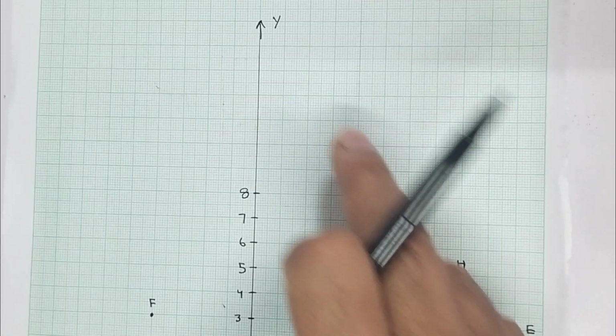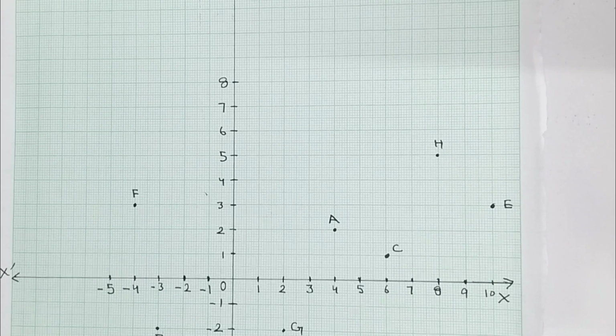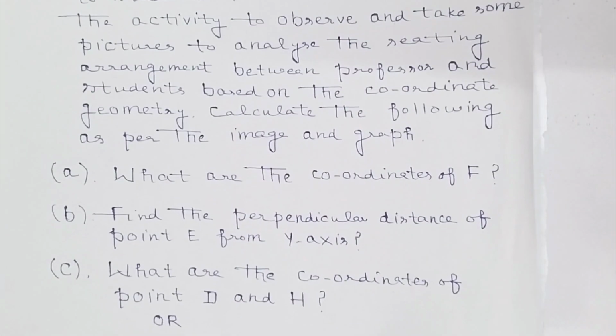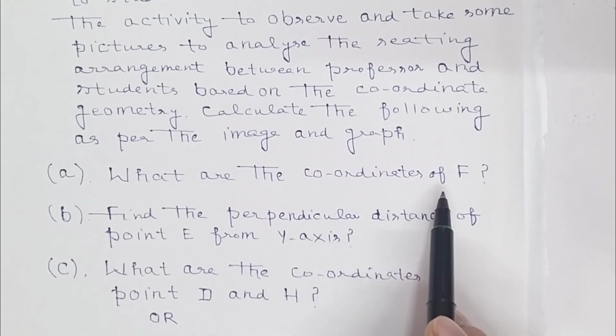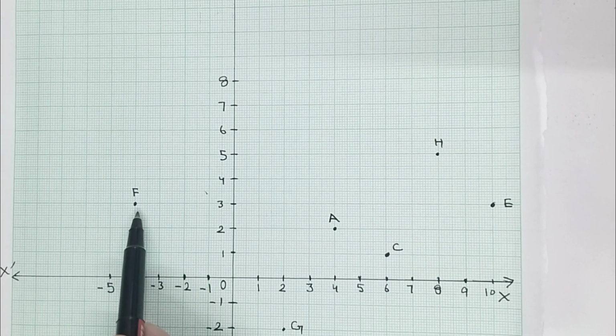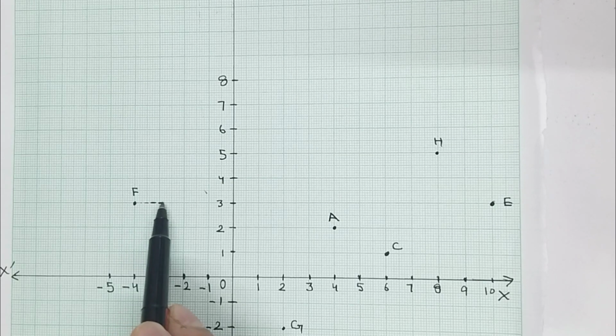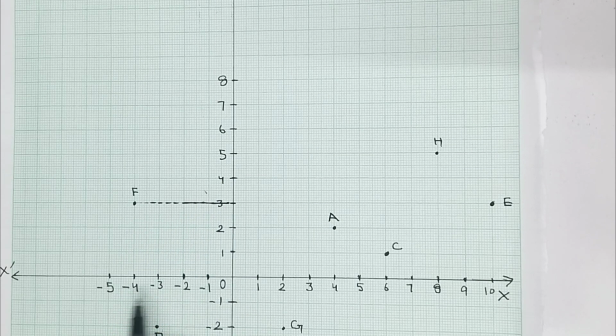This is x-axis and this is y-axis. So the first question is, what are the coordinates of point F? So you can see here, this is F point. So the distance of this point from y-axis is this. How much? 4 units.